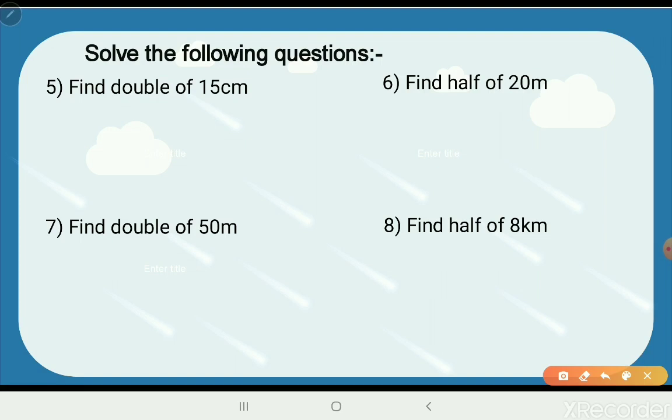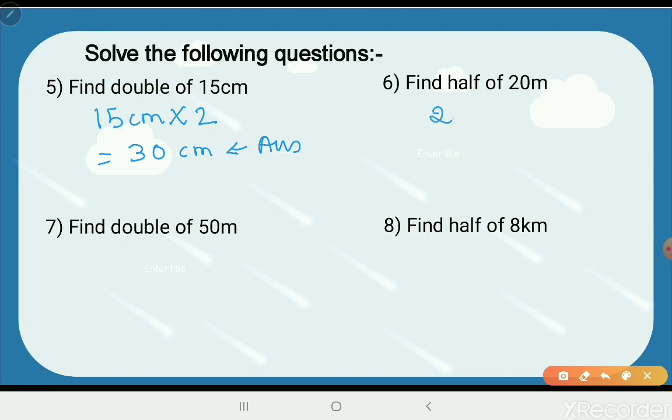Let's see question number 5. Find double of 15 centimeter. Again remember, double means to multiply by 2. When you multiply 15 by 2, you get 30 centimeter as your answer. Find half of 20 meter.